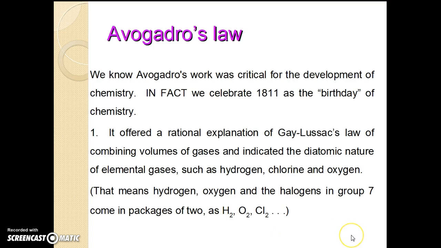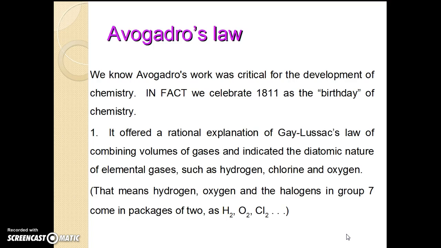Now, we know Avogadro's work was critical for the development of chemistry. In fact, we celebrate 1811 as the birthday of chemistry when Avogadro was published. It offered a rational explanation of Gay-Lussac's law, and it helps us to understand the diatomic nature of gases in elemental form, such as hydrogen, chlorine, oxygen, and nitrogen.